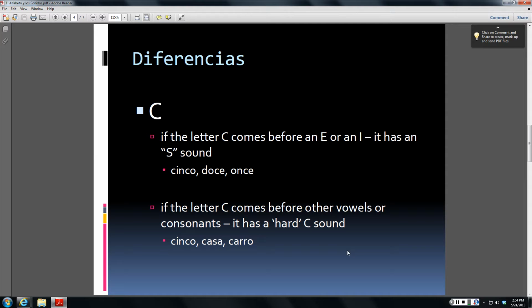If the letter C comes before any other vowels or consonants, it has just a hard C sound or a K sound. In cinco, the first one is an S sound because it comes in front of an I. The second one does not come in front of an E or an I, so it just has a K sound. Cinco, casa, and carro.